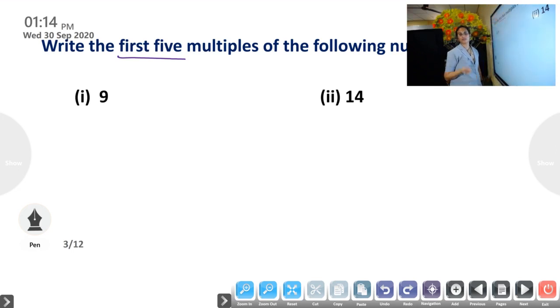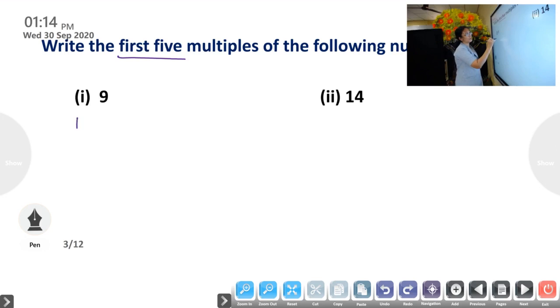First 5 multiples of the following numbers. So how will you get the first multiple? Multiply by 1. So the first question, number 1, is 9. So we have to write the first 5 multiples of this 9.